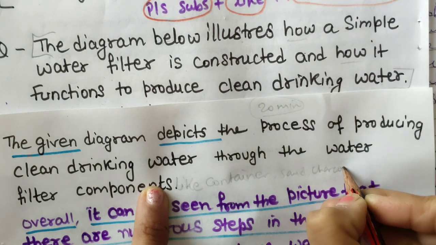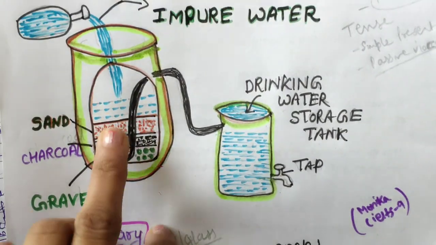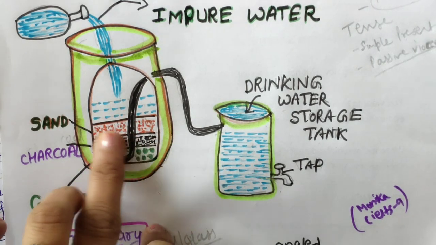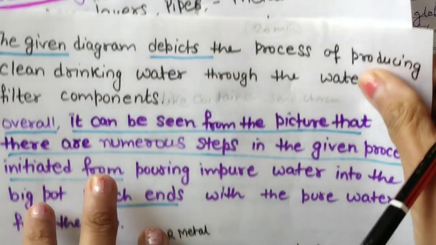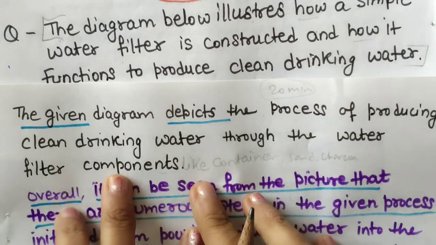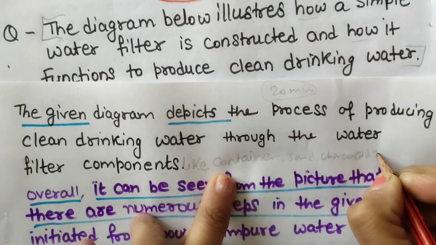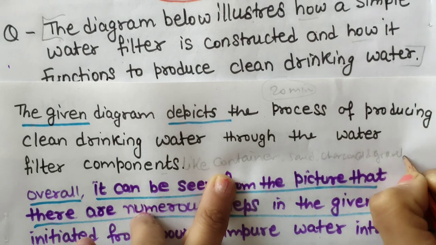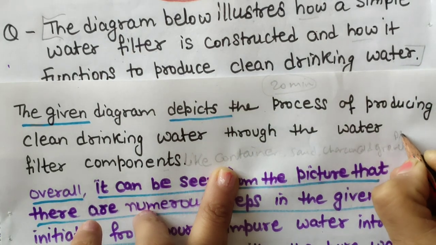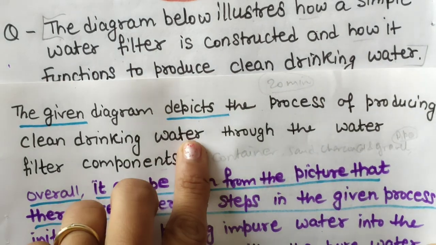You can write these names here because whatever things are given in the diagram, you can just write it in the introduction. Like container, sand, charcoal, and gravel was given, and as well as you can add pipe also, metal pipe or folded pipes you can write. Okay, so it's all your wish. Now we have given the introduction.